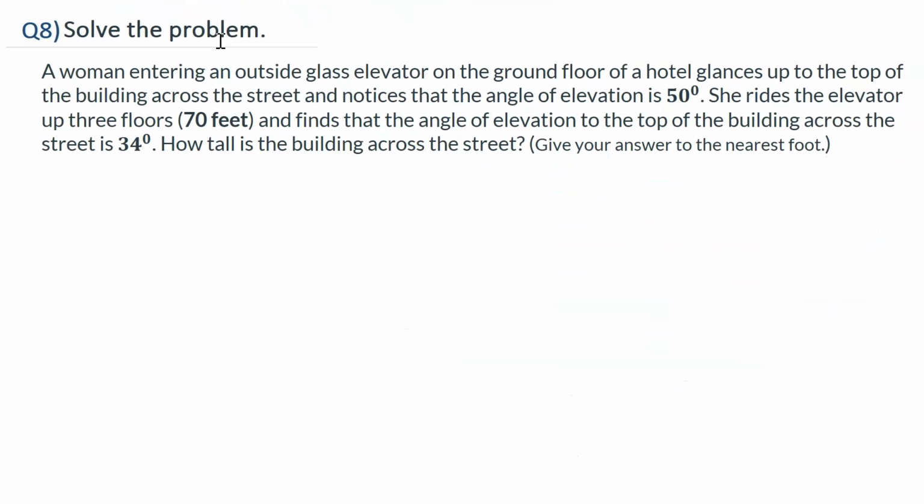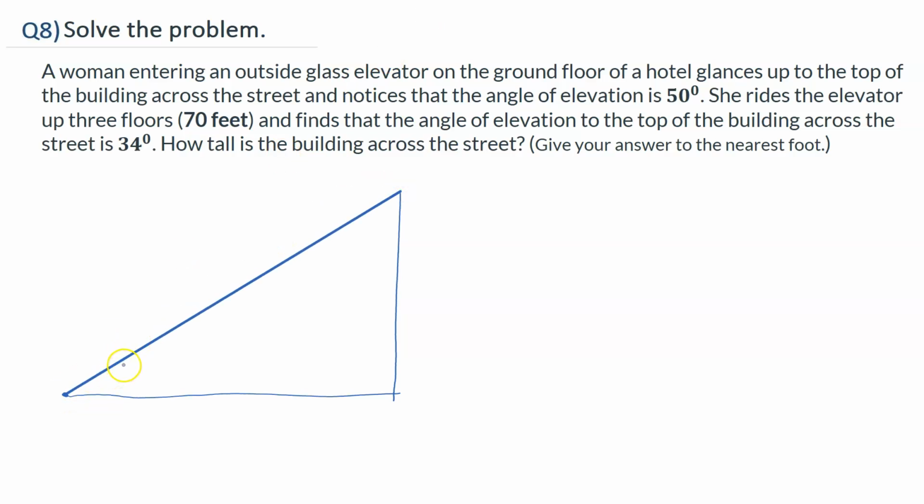First, we need to draw a diagram to help us visualize what the problem is asking. So let's say here is the building. The woman is standing on the ground floor, glances up to the top of the building to notice that the angle of elevation, remember angle of elevation is angle from horizontal up, is 50 degrees.